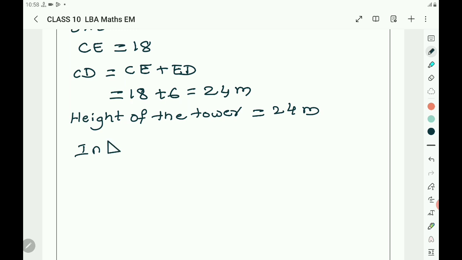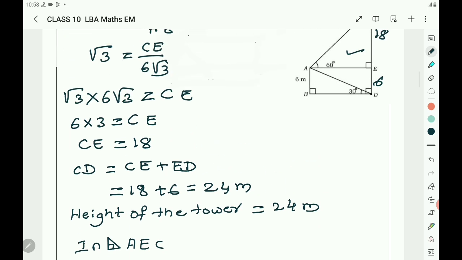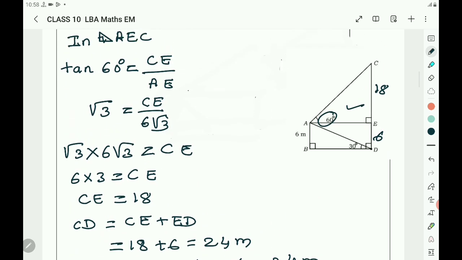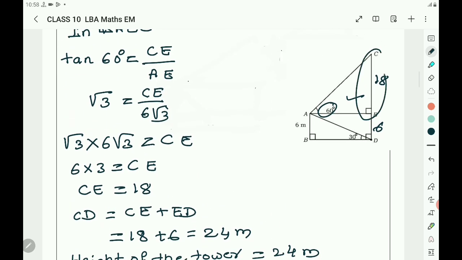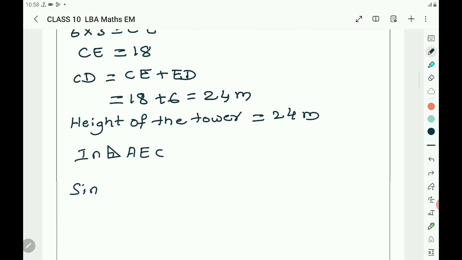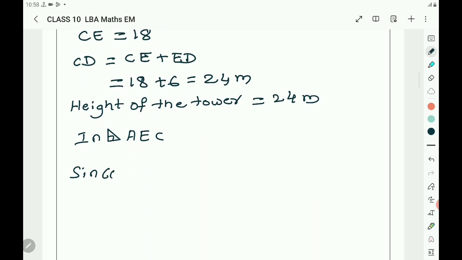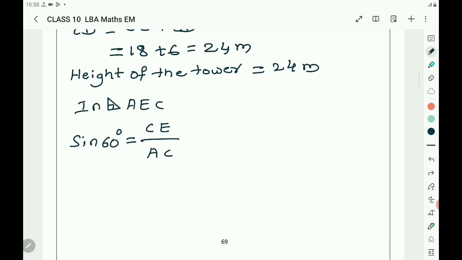In the right angle triangle AEC, sin 60 degrees is equals to opposite side CE by hypotenuse AC. Sin 60 is root 3 by 2.